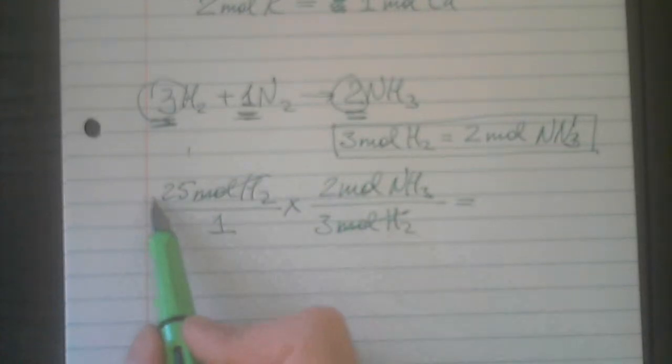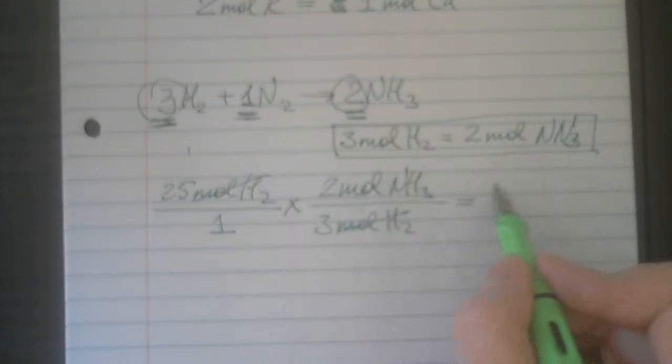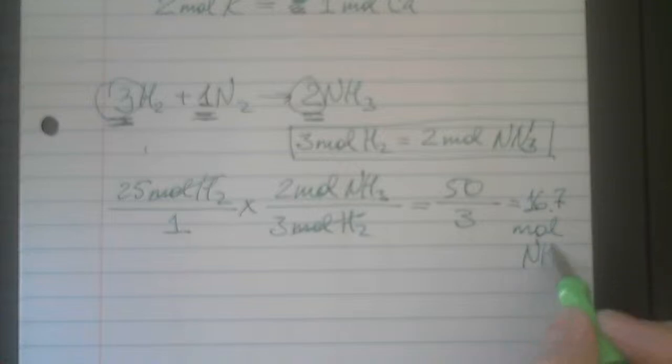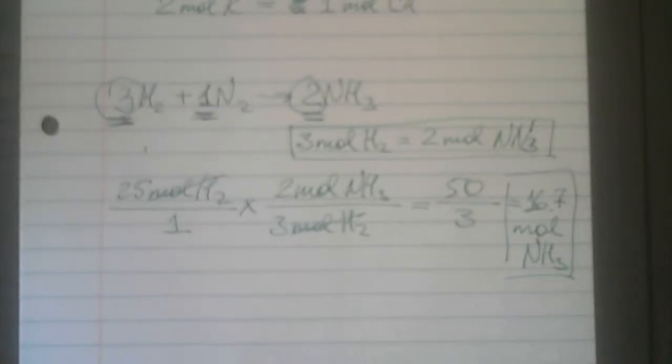So I multiply all the numerators, which turns out to be 50. I multiply all my denominators, product is 3, and 50 divided by 3 will be, let's see, 16.7. And my final unit here is moles of NH3.